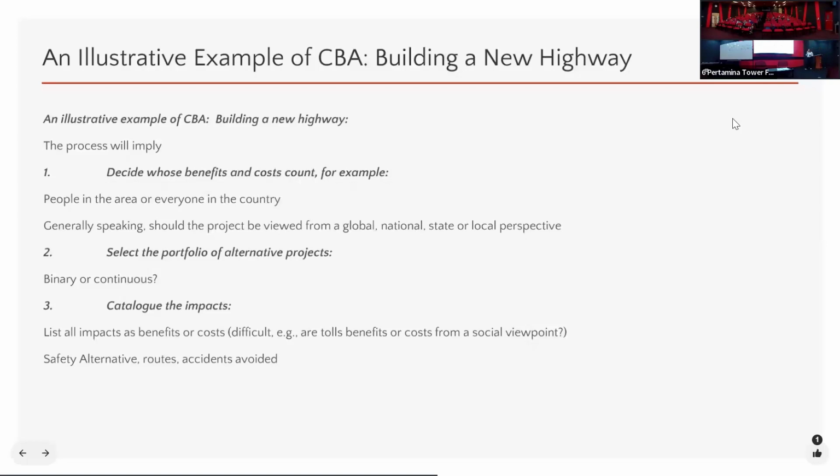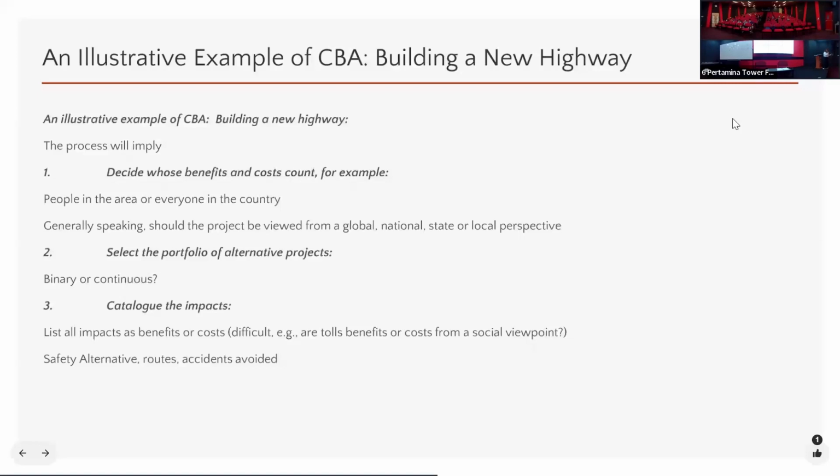We need to look at the portfolio of alternative projects. It can be binary or continuous, okay? So building a new highway or building a train or building some kind of transportation, okay?